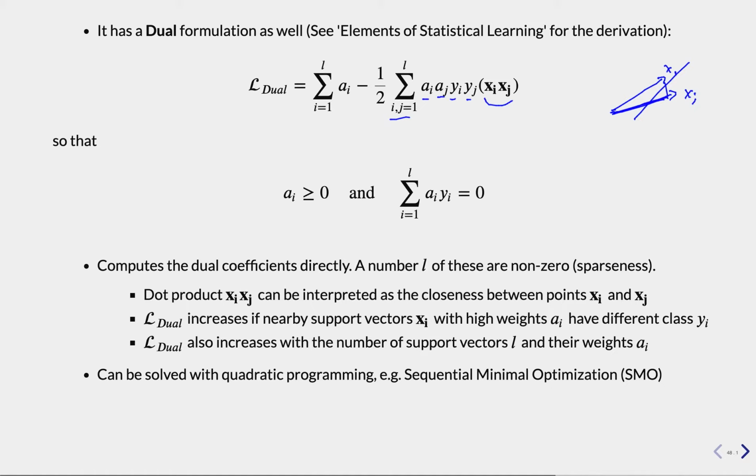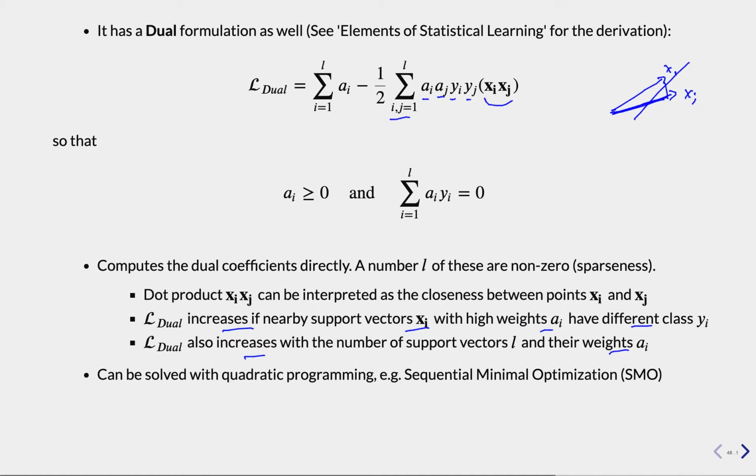If they are the same class, then this will decrease our loss. Okay, so it increases if nearby support vectors which have high weights have different classes. It increases, first of all, with the number of support vectors and the weights.